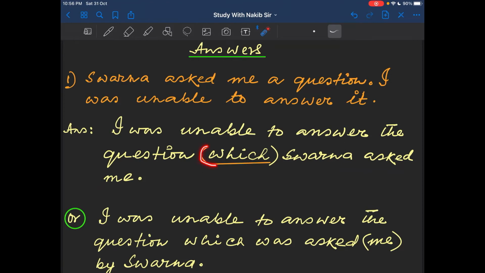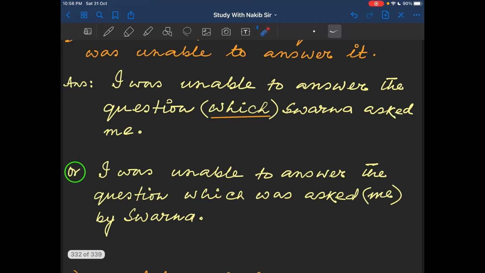So you may not write it. You may write it, but the practice is that it is not written. It remains understood. So your combined sentence is, I was unable to answer the question which Sorno asked me, or I was unable to answer the question Sorno asked me.